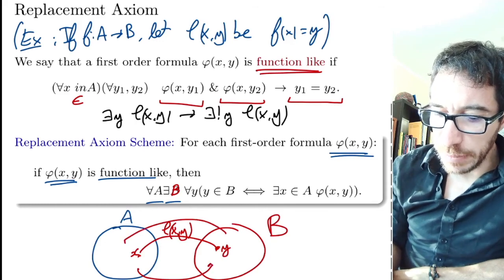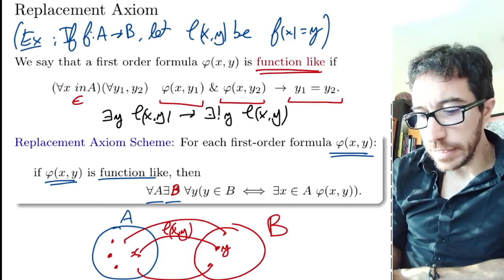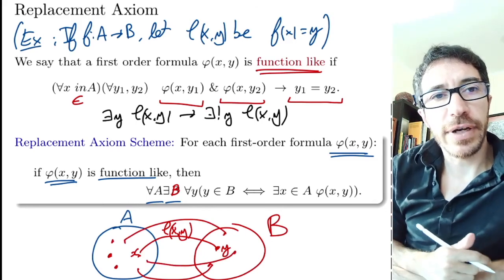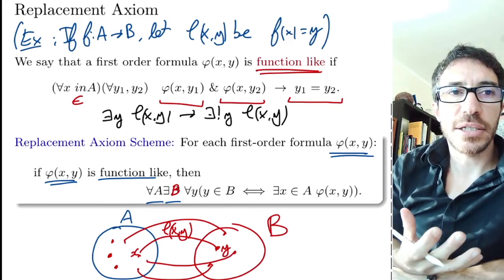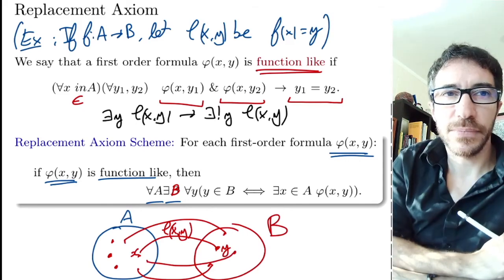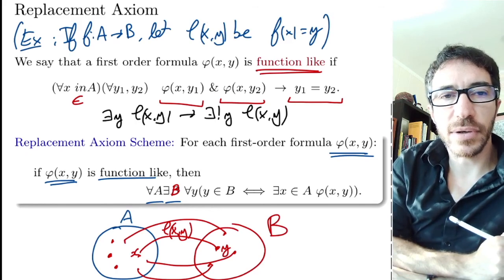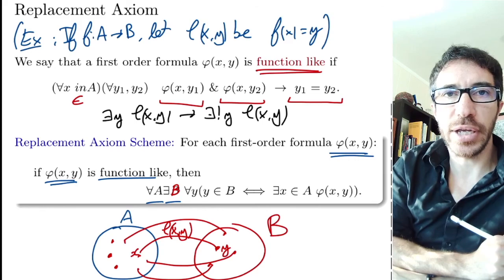Some elements might not be related to anybody, but every element is related to at most one thing. The axiom is telling you essentially that this range exists. That's what replacement tells you.